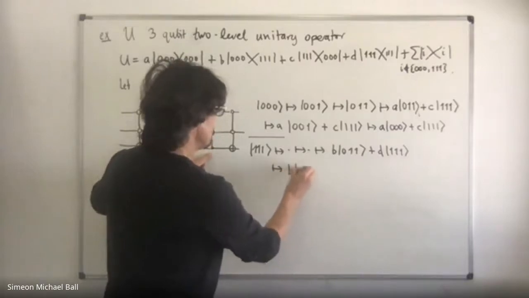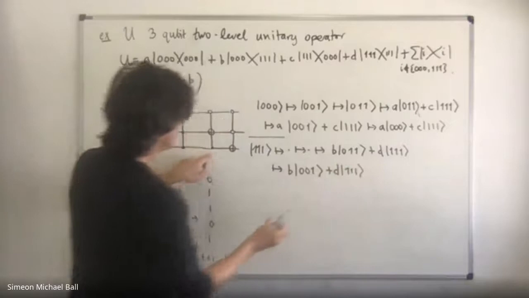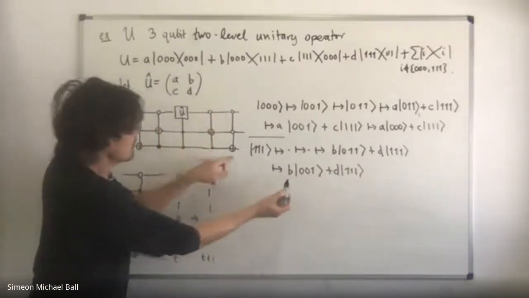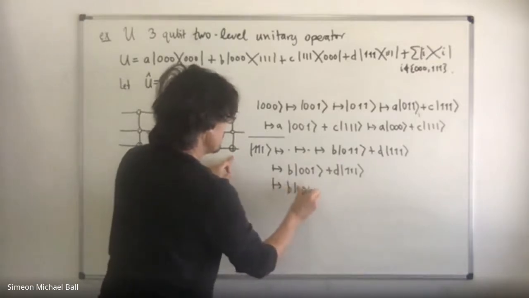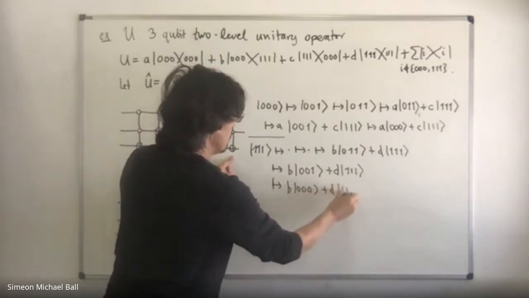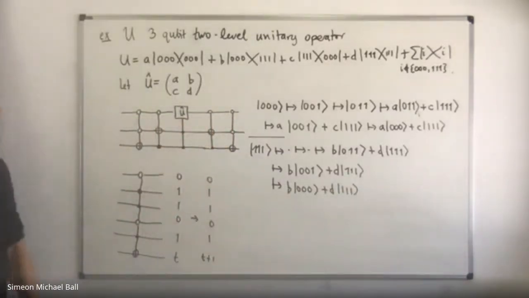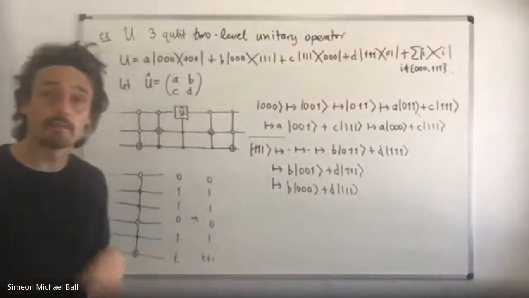So we go to the B0, 0, 1 plus B1, 1, 1. And we do have 0, 0 here in the first and second qubit. So this then gets sent to B0, 0, 0 plus B1, 1, 1. So everything is fine for these first 4 terms.